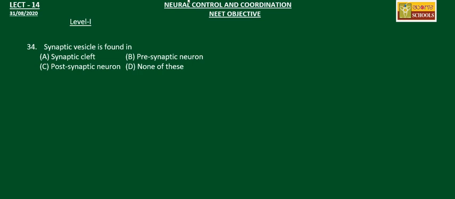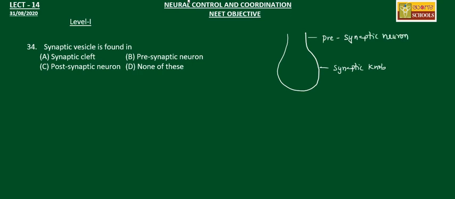So let's see. So this is the synaptic knob, and this is a presynaptic neuron. So the presynaptic neuron's synaptic knob, and then here is the dendrite of the next neuron. So this is the dendrite of the next neuron, and this is the postsynaptic neuron.